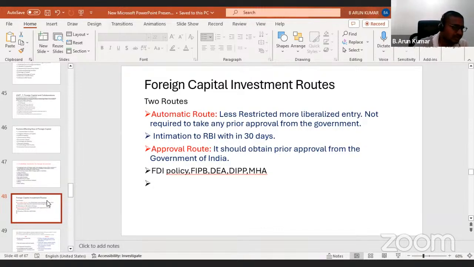After 2017, the Union Cabinet approved the winding up of the 25-year-old Foreign Investment Promotion Board.